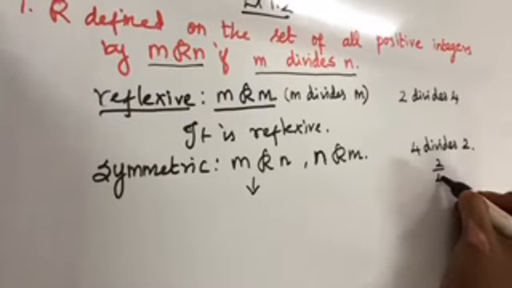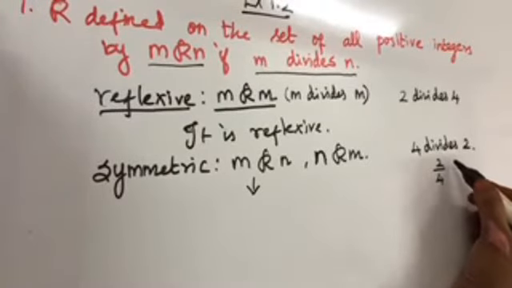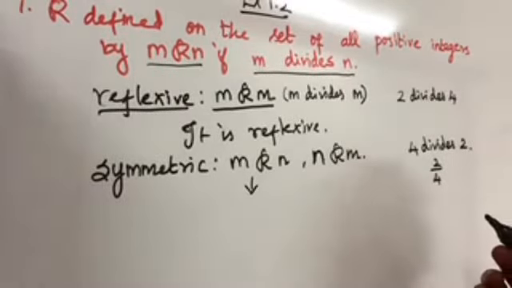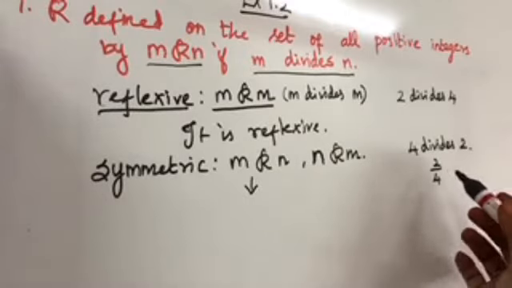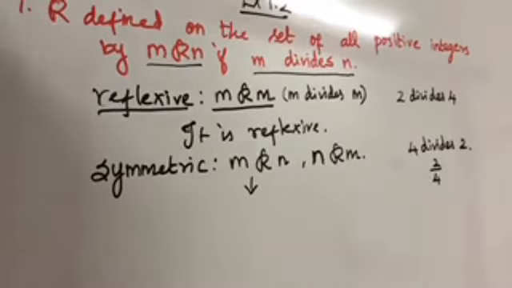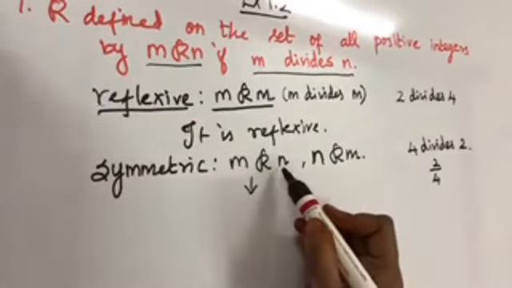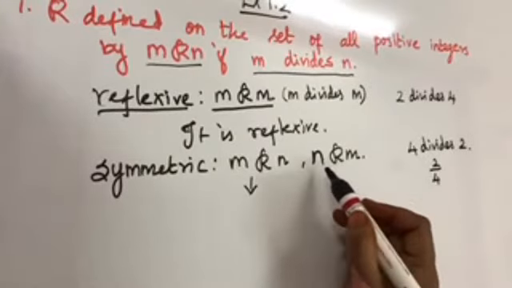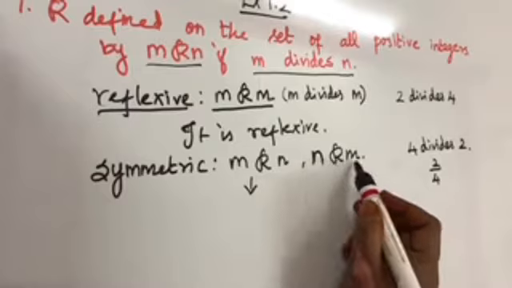4 divides 2 means it is 2 by 4. It's not a whole number, it's some rational number, some fraction. So m may divide n, but not in all cases can we say n divides m.